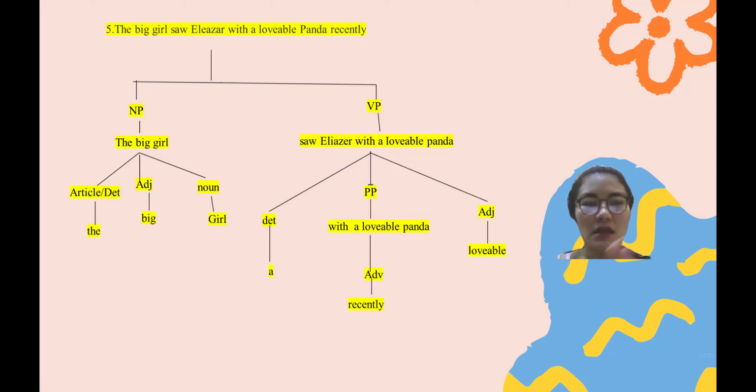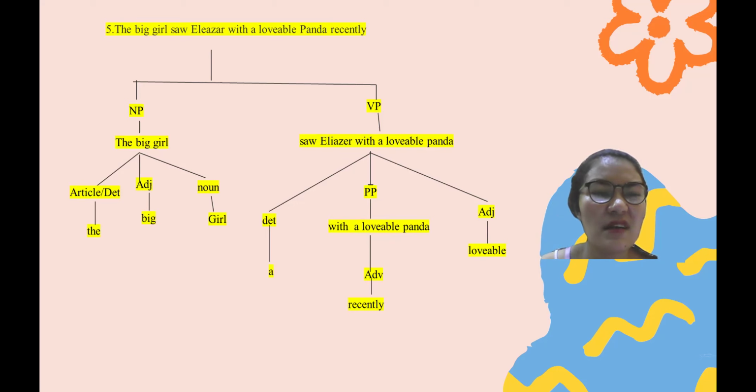This is the last question. This is the sentence. The big girl is the noun phrase. The is an article, and the adjective is big.